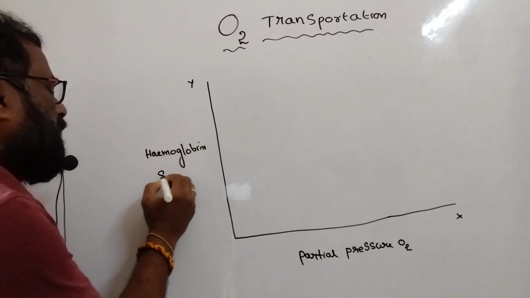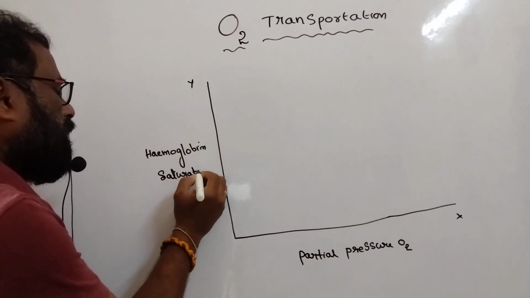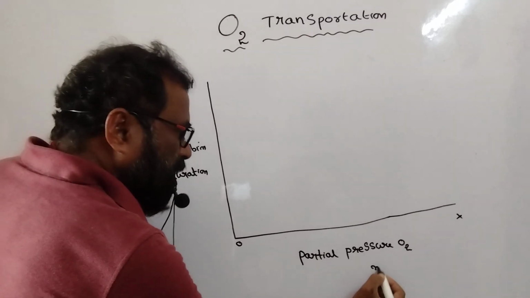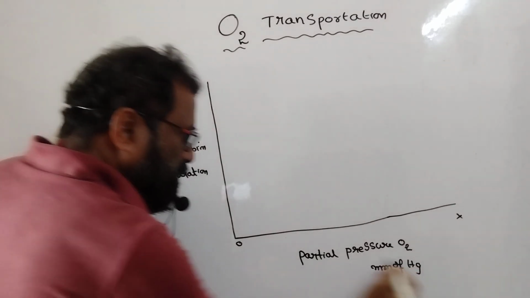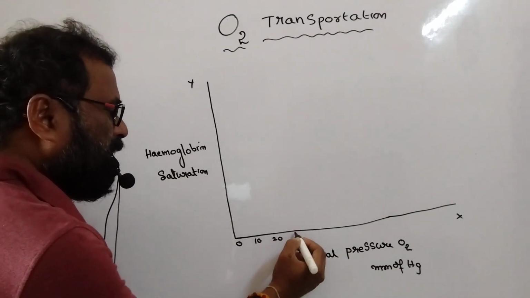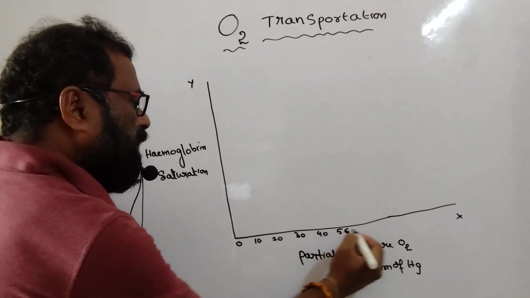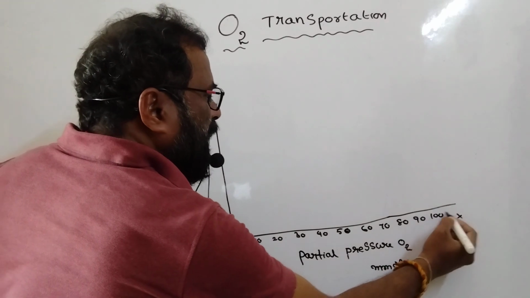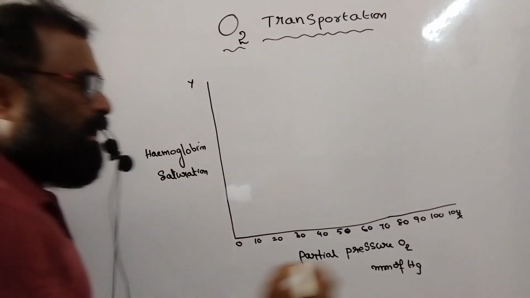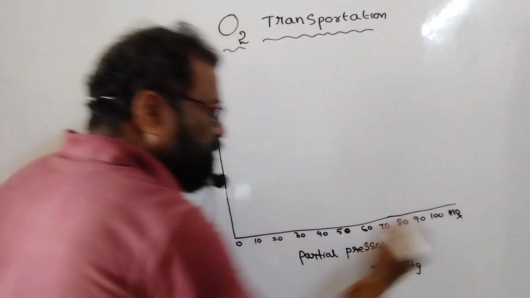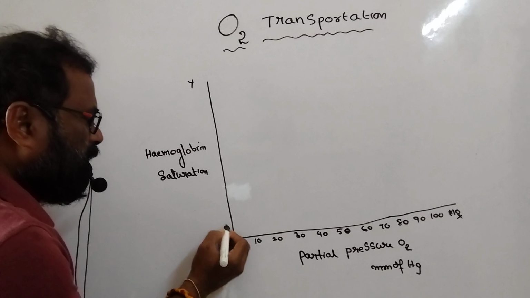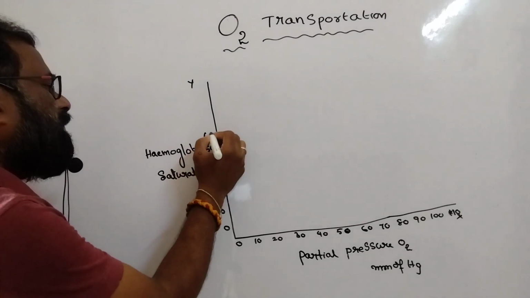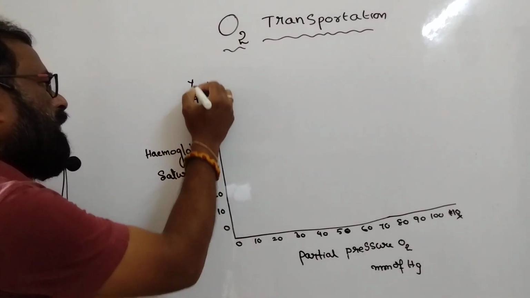On the x-axis I am taking partial pressures in mm of Hg: 0, 10, 20, 30, 40, 50, 60, 70, 80, 90, 100, 104, 110. On the y-axis: 0, 10, 20, 30, 40, 50, 60, 70, 80, 90, 100.